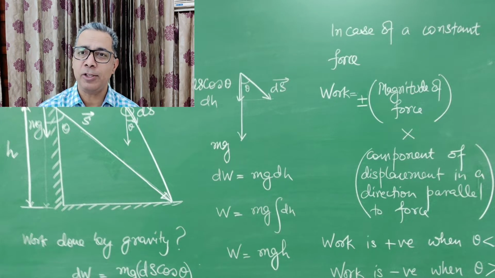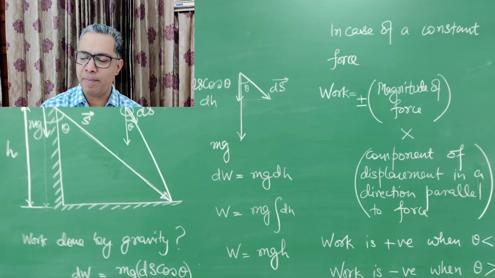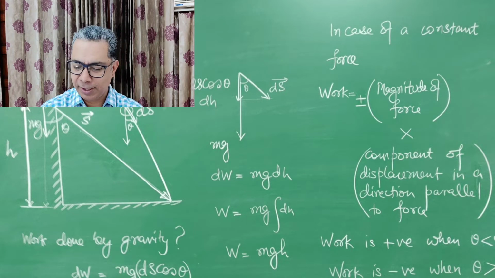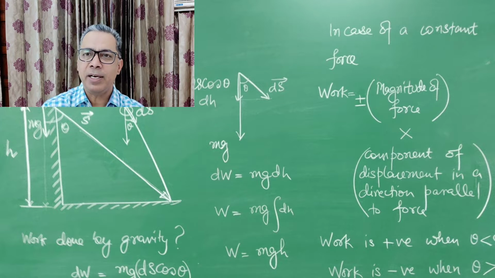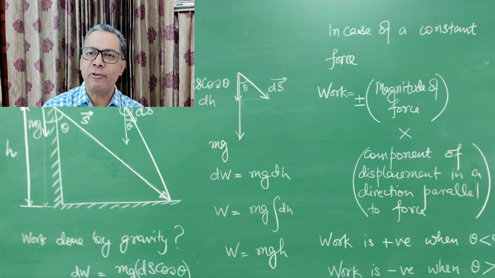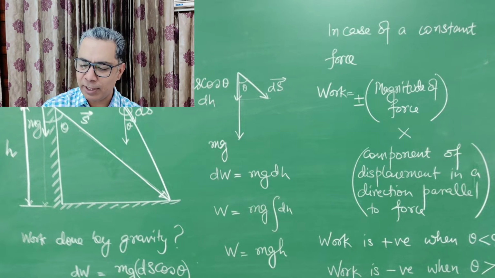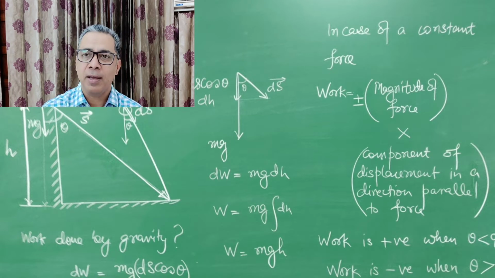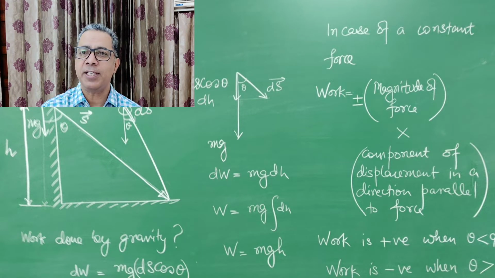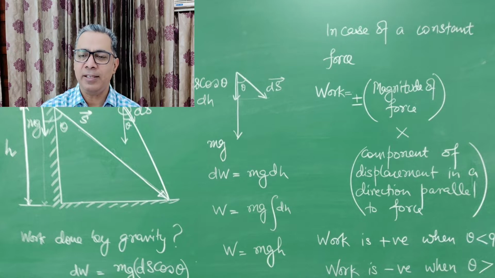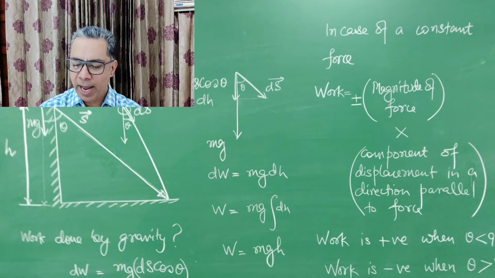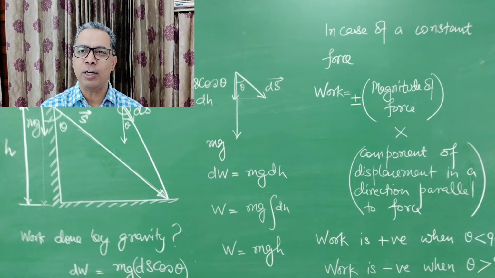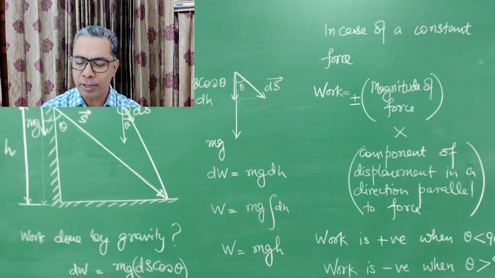It has to be, mind you, constant in terms of both magnitude as well as direction. So remember, the work done will be the product of magnitude of force with the component of displacement in the direction of force. It can be positive, it can be negative, and the sign is easy to judge. Look at the force and the total displacement S in the motion.